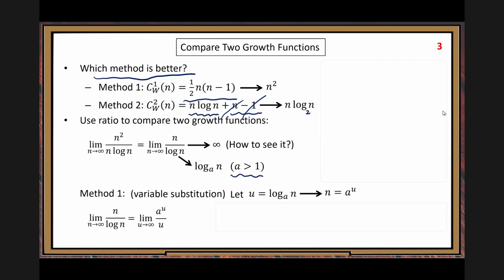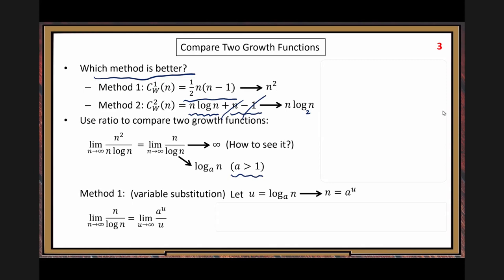Let's go back to the original ratio using our new variable. We represent this limit as a to the u over u. Can you see the ratio a little better? This a is greater than 1. Can you see the numerator increases much faster than the denominator? Because the numerator is an exponential function.